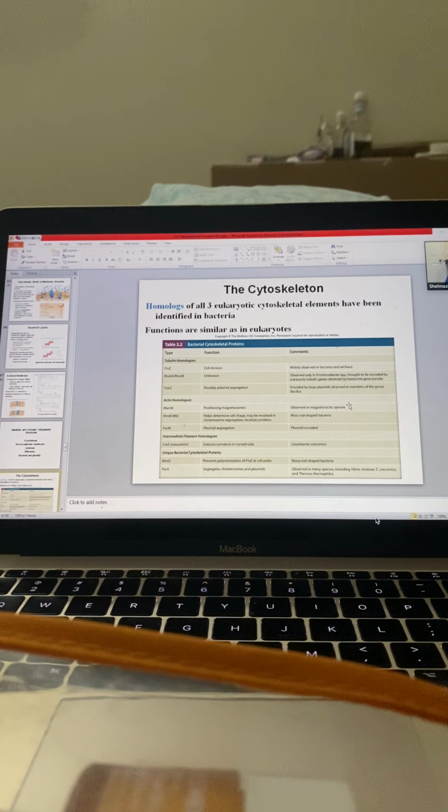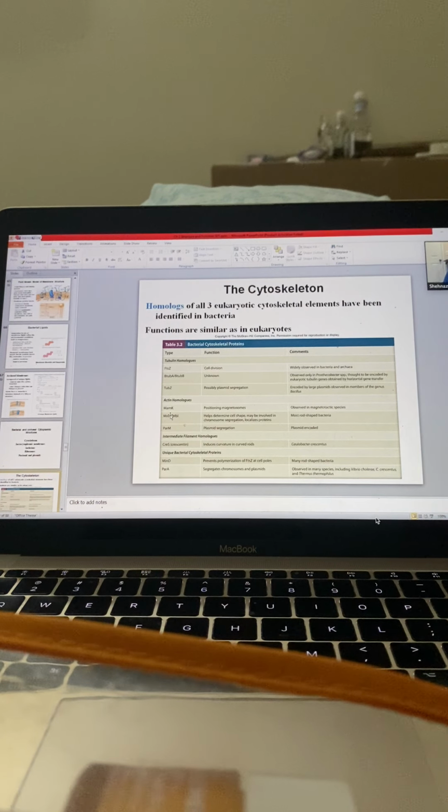And if you have them in a liquid environment and you have a magnet under the petri dish, you can move the bacteria by moving your magnet. So it is kind of interesting that they have magnetosomes and they align themselves to the Earth's magnetic field. I don't know why, but definitely this MamK is an actin-like protein which helps in positioning of the magnetosomes. And we'll look at some pictures of the magnetosomes in the next few slides.